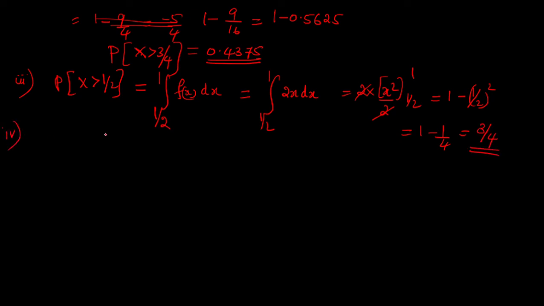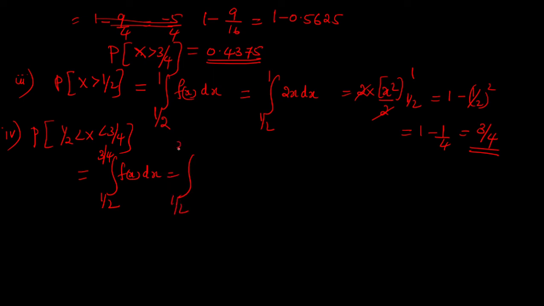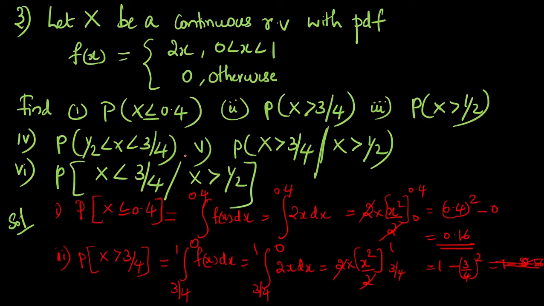Fourth part is finding the probability of x between 1 by 2 and 3 by 4. Then P of x greater than 1 by 2 and x less than 3 by 4. Therefore, the limits will be from 1 by 2 to 3 by 4, f of x dx. And the function when the x values range between 0 and 1 is 2x.